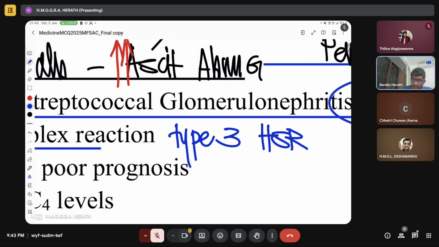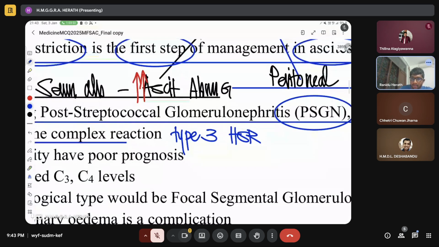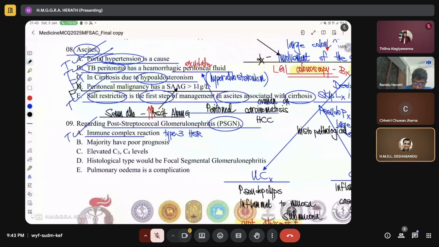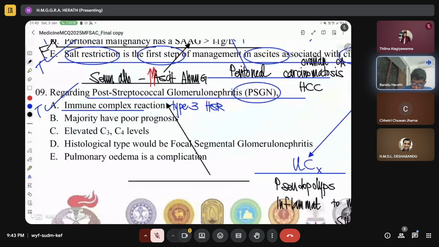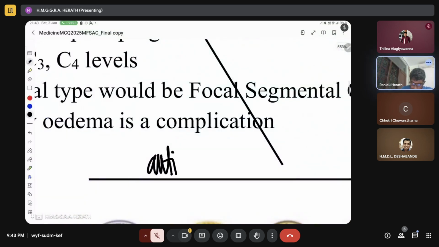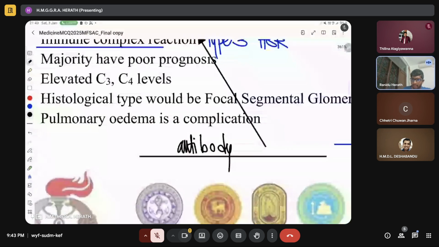They always ask these two in MCQs. IgA is also, I don't know whether IgA is actually type 2 or type 3. I'll have to check on that.